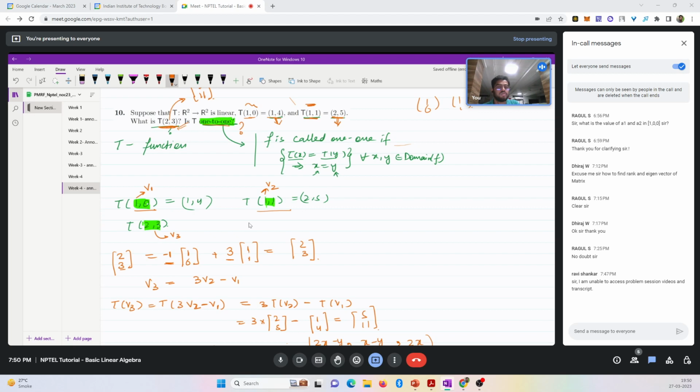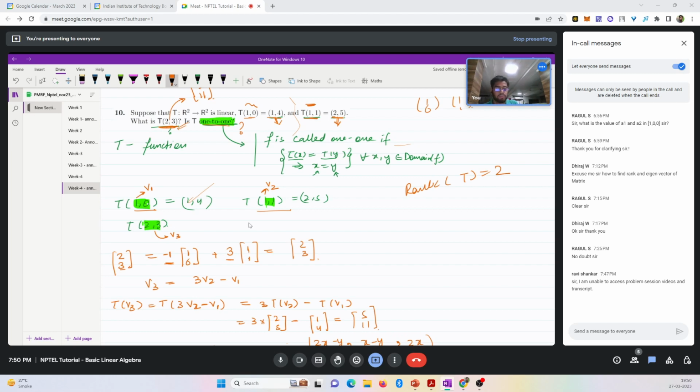There is no way these are multiples of each other, right? So the rank of T we obtain to be 2.